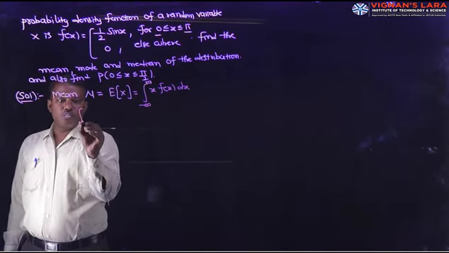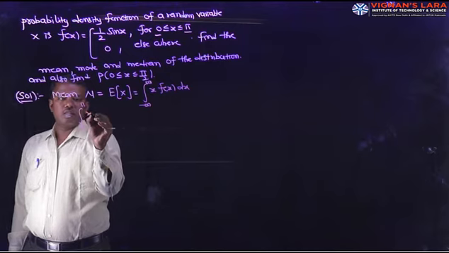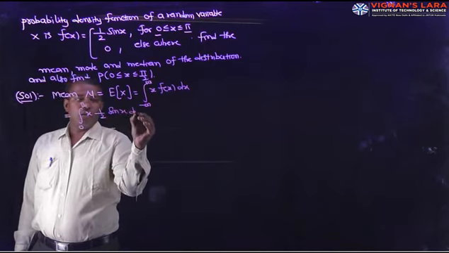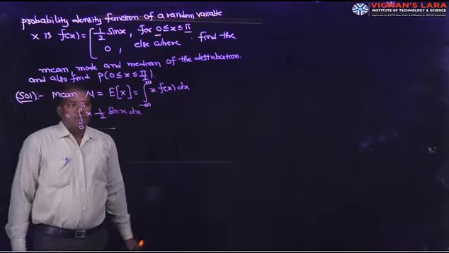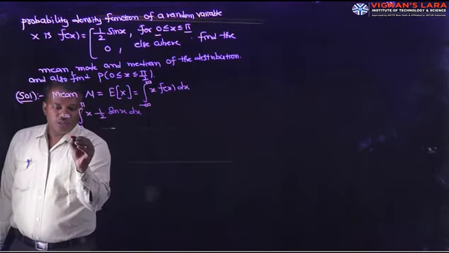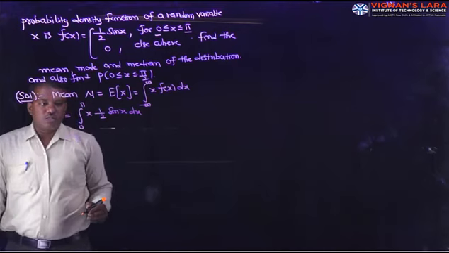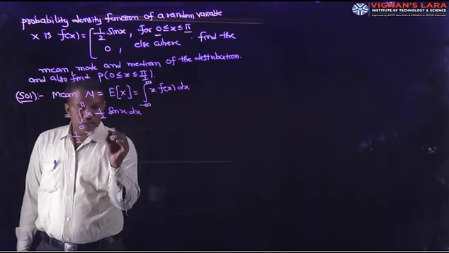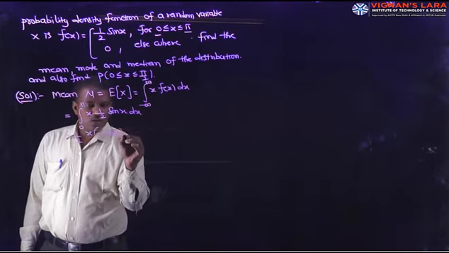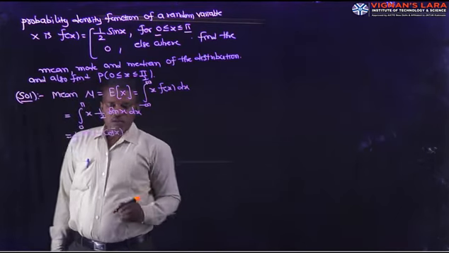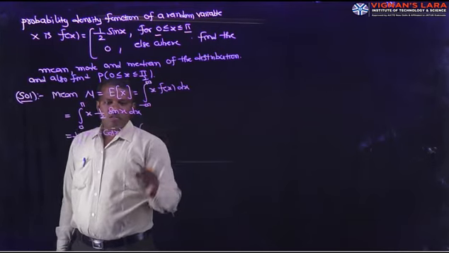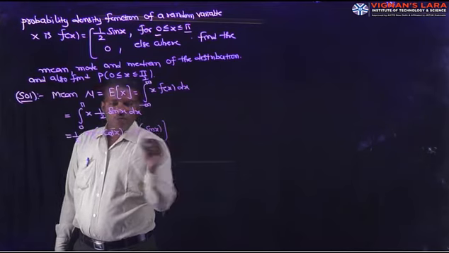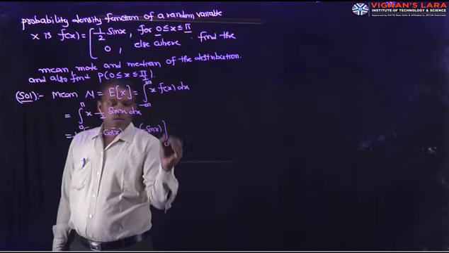So it is the integral from 0 to pi of x f of x, value 1 by 2 sin x dx. 1 by 2 is a constant, and apply integration by parts between x and sin x: x into the integration of sin x, minus cos x, minus the derivative of x, 1, into the integration of minus cos x, that is minus sin x, between 0 and pi.